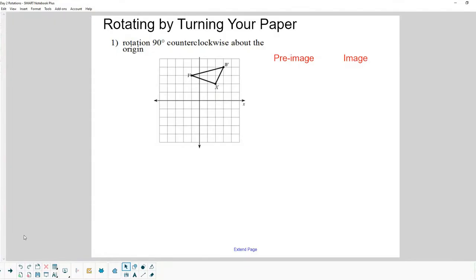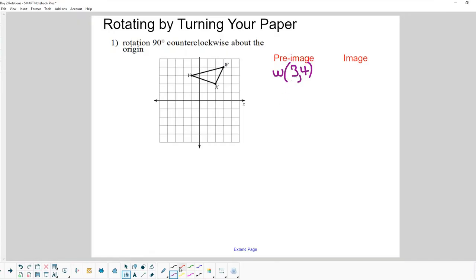All right, so let's try doing these by rotating our paper. You're going to just do your whole paper, hold the center point down, and first of all, before we start rotating, let's write down the coordinates of the original points. Point W is at (3, 4).